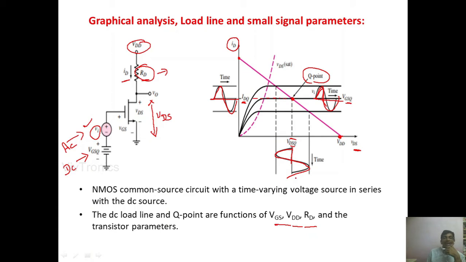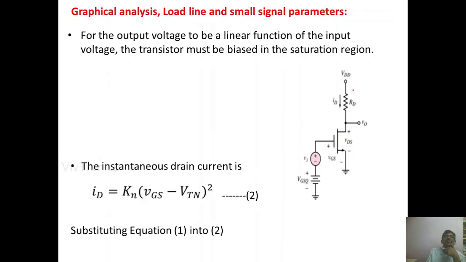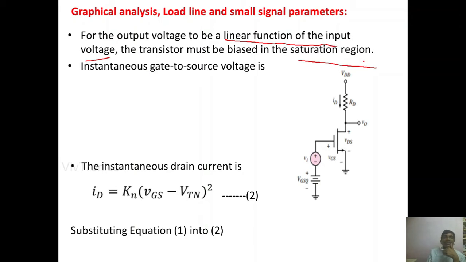Like this is the output voltage, this one is the output current, and this one is the input signal. For the output voltage to be a linear function of the input voltage, the transistor must be biased in the saturation region. In order to get the output as a linear function of the input, we have to use the transistor in the saturation region only.